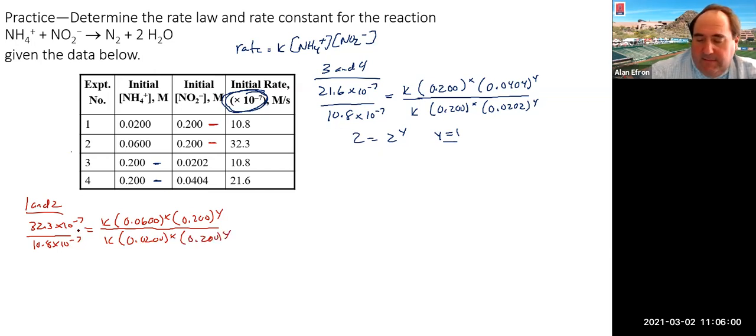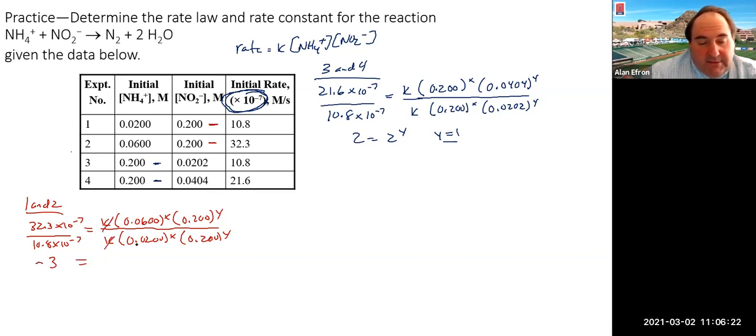That should also give me maybe a 3 in that case. 32.3 times 10 to the minus 7 divided by 10.8 times 10 to the minus 7 gives me 2.999, that's roughly 3 in that particular case.